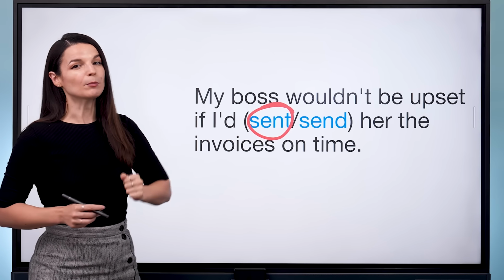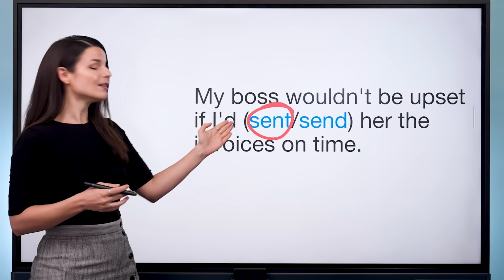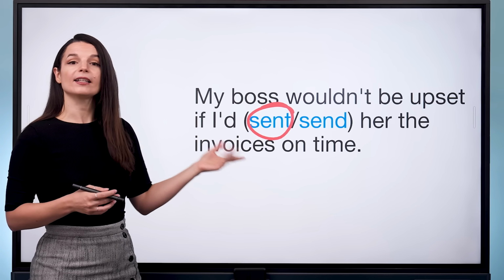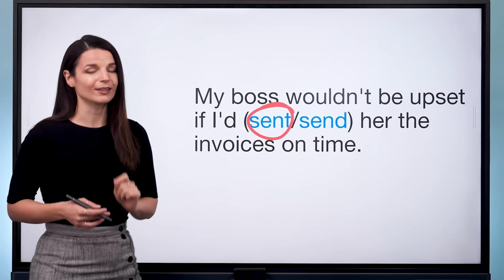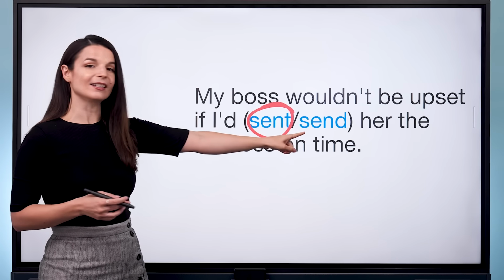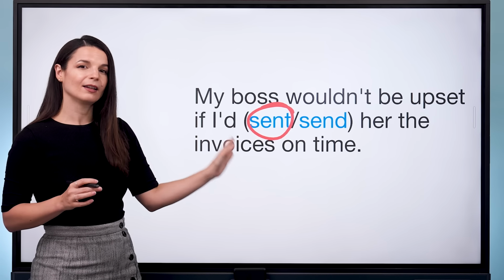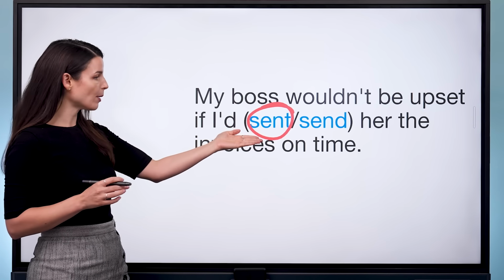My boss wouldn't be upset if I'd sent her the invoices on time. I'd sent equals I had sent. I'd is the contraction of I had, not I would in this sentence. Send is the base form, which doesn't work after had. The structure if I had sent requires the past participle sent.